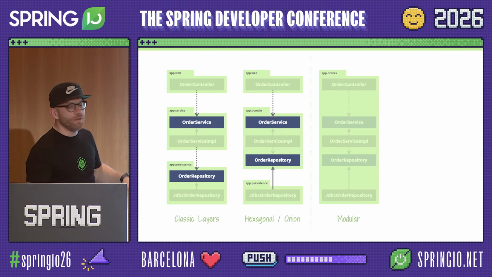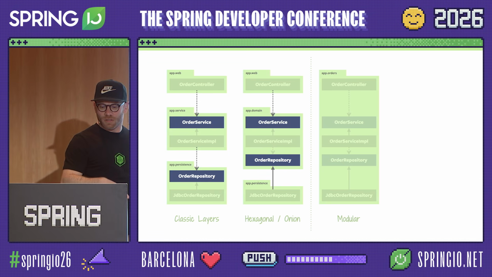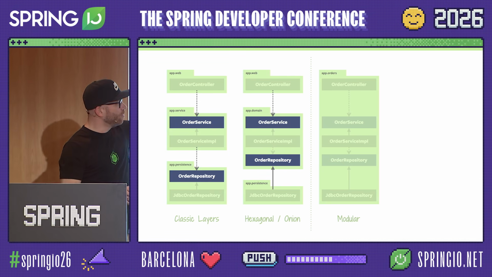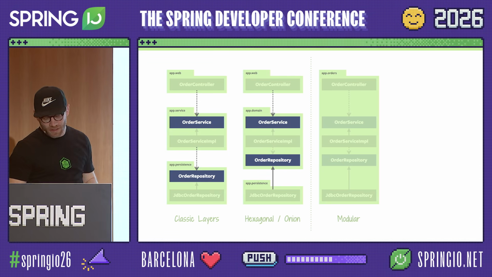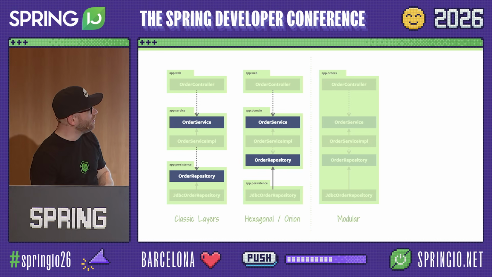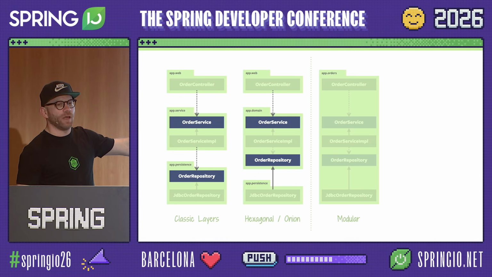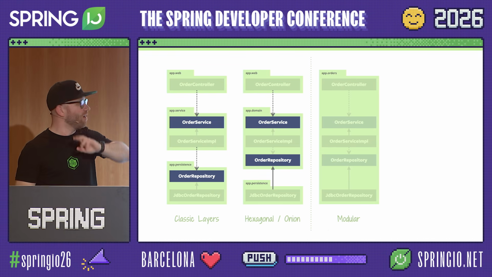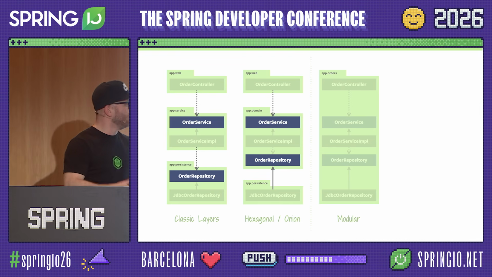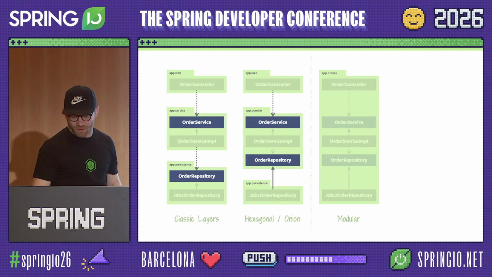Because we can just make everything package private, or if you use Spring Modulith, you could put the code that is supposed to be hidden in sub-packages. Generally speaking, find some way. You could even use JPMS, the Java module system, and not export anything.